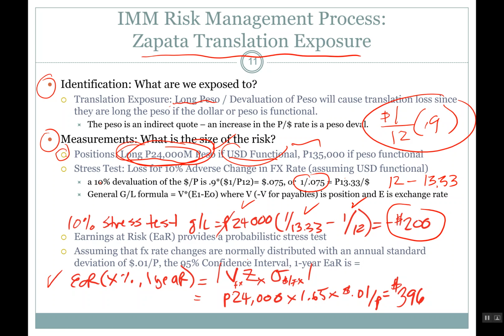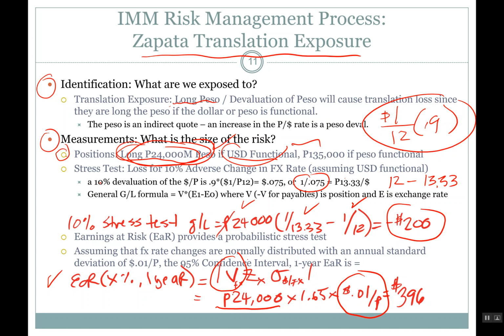The other method is earnings at risk. We did at-risk measures in the first year, didn't we? Like a 10-minute lecture on the risk measures. So here's the second, and probably the more common, way of trying to figure out what your losses are. Take the value of your position, 24,000 pesos, and we're going to calculate a 95% confidence interval, 1-year earnings at risk.